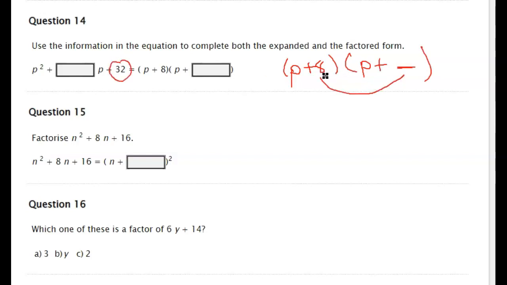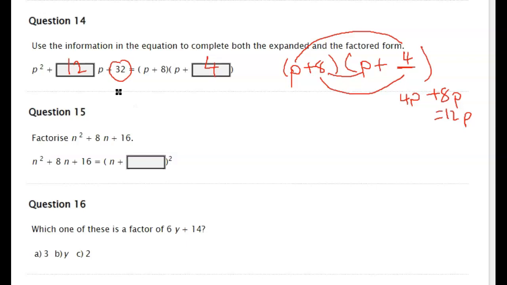So what do I need to multiply 8 by to get that 32? And the number is 4. And then that'll allow me to get this coefficient of P. So remember, P comes from multiplying this P times 4, so 4P, and then your 8 and your P, so plus 8P. So that gives you 12P. So here we need to have the number 12. Okay, and if you needed to, you can expand the whole thing.